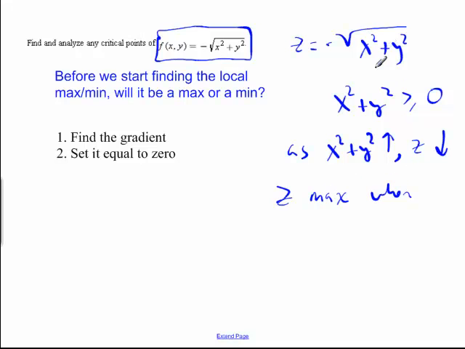Well, when my inside is as small as possible. And that's going to happen when x equals y equals 0. So we would expect that that would be a max.